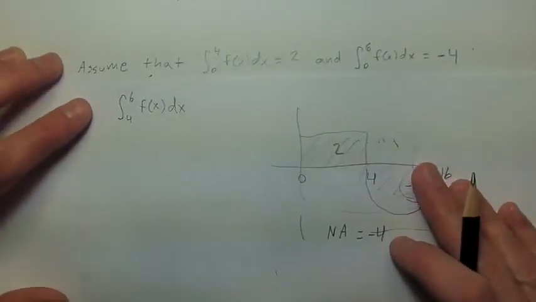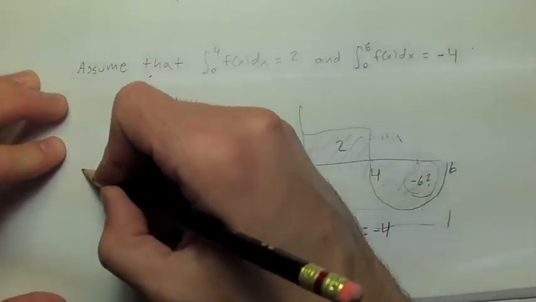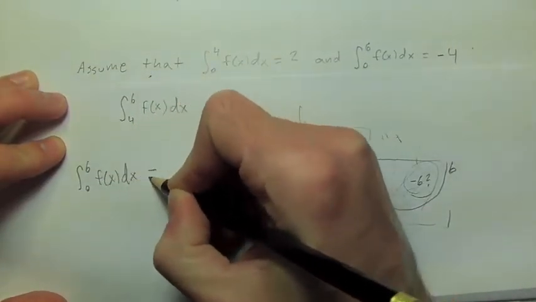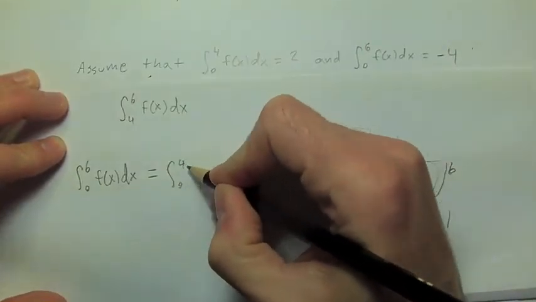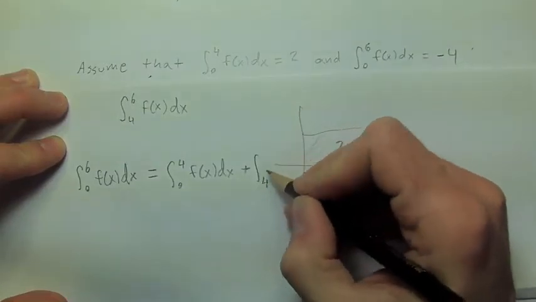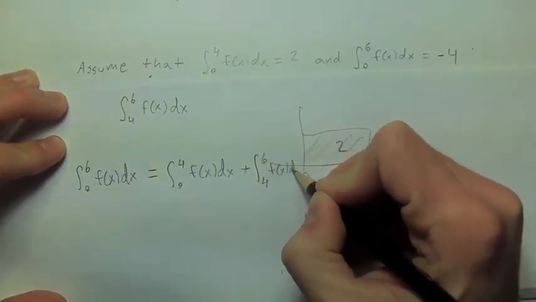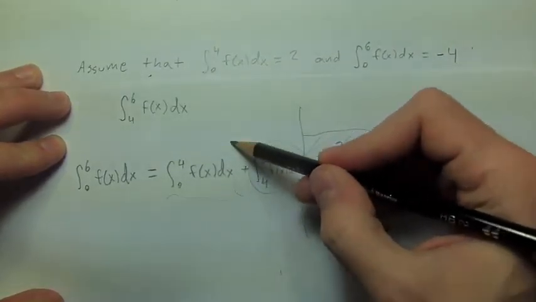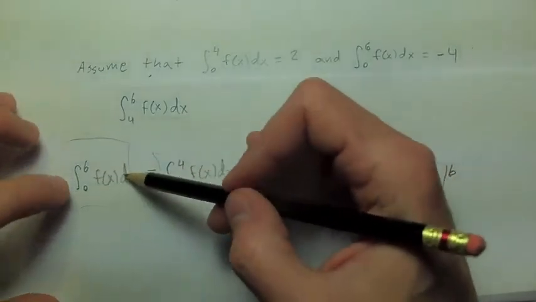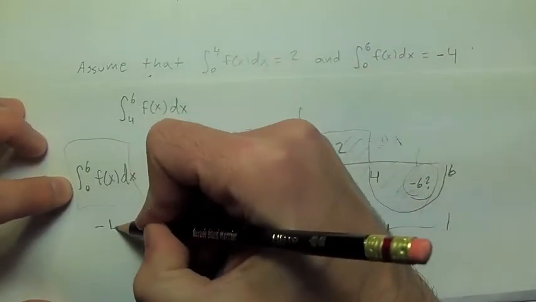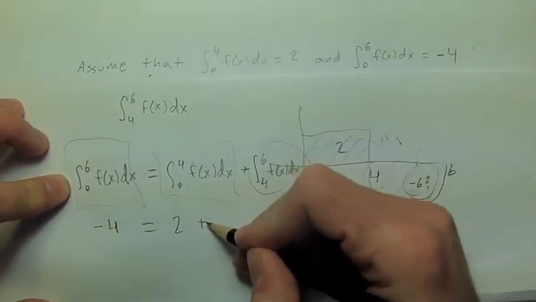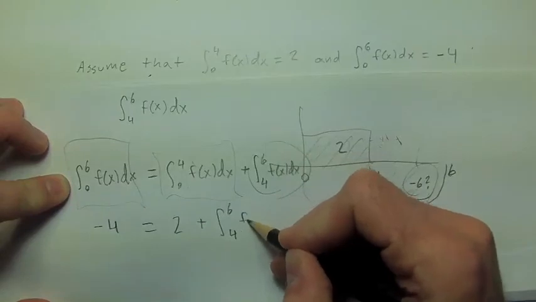What you can do is you can say, well, I know that the integral from 0 to 6 of f of x dx is equal to the integral from 0 to 4 of f of x dx plus the integral from 4 to 6 of f of x dx. So this is what we're looking for, and then we have these two things here. This thing, 0 to 6, I know is negative 4. 0 to 4 I know is 2, and this 4 to 6 integral is what I'm actually looking for.